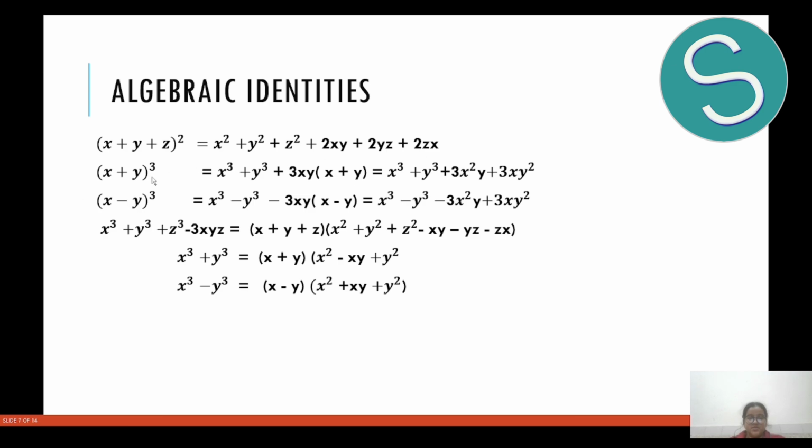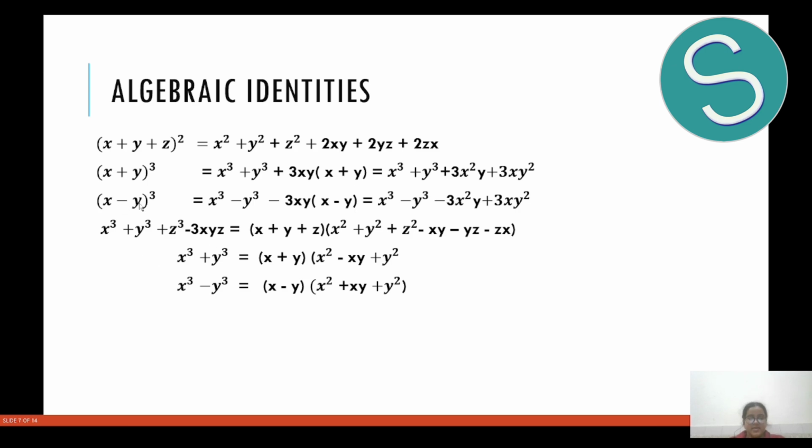Next is (x plus y) whole cube. This is nothing but x cube plus y cube plus 3xy into (x plus y). This can also be simplified as x cube plus y cube plus 3x square y plus 3xy square.